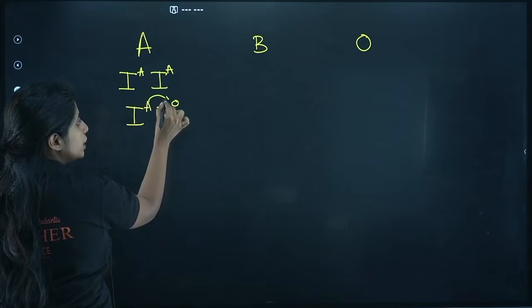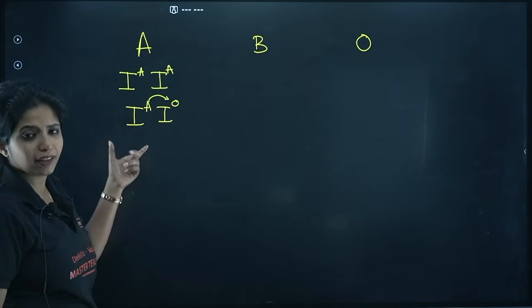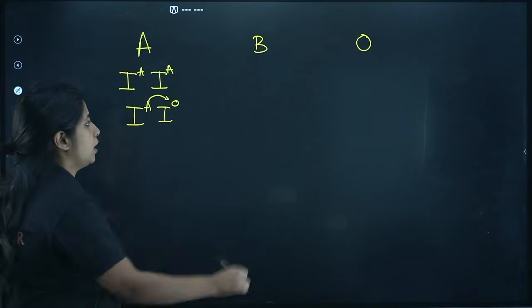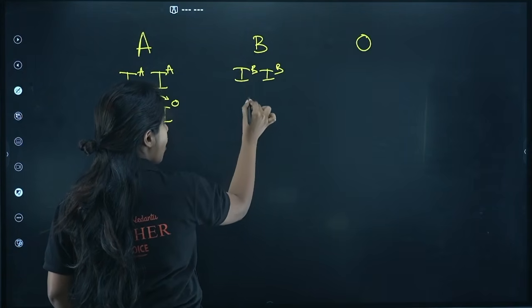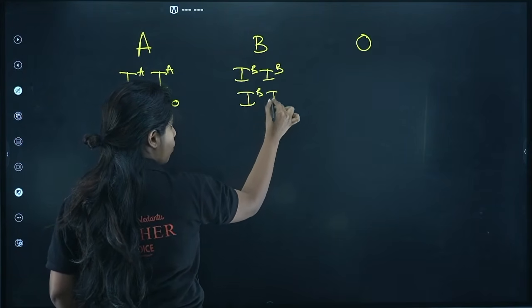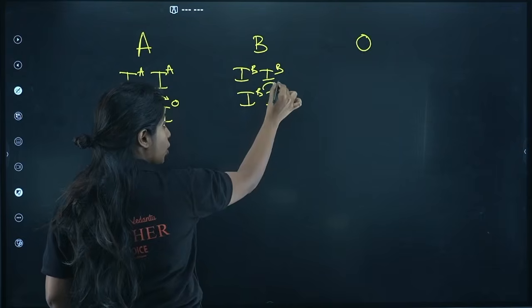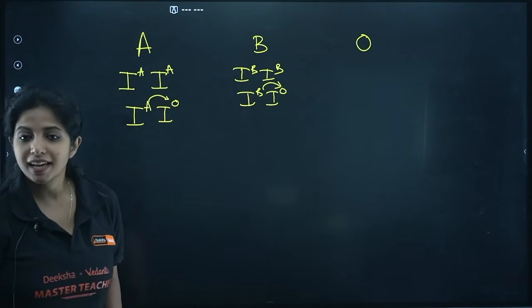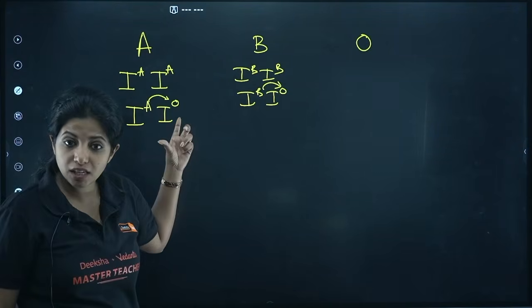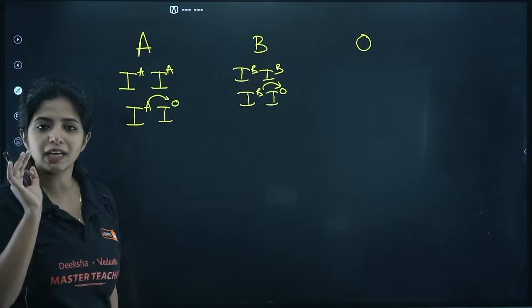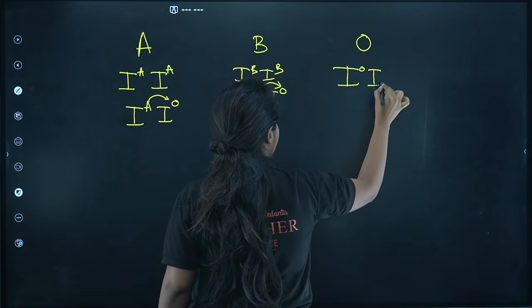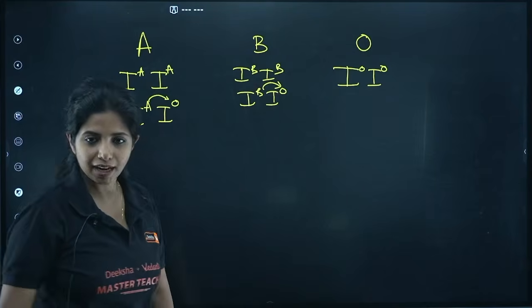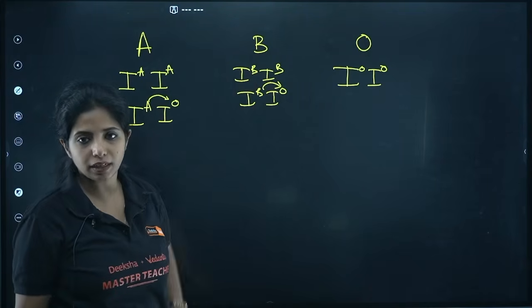That A is dominant over O, which is why they show A blood group. Now what about B? Similarly, it can be IB, IB, or IB, IO. Does that mean B is also dominant over O? Yes. O is a recessive allele, and it will only express itself when both alleles are IO, because anything else that comes will dominate it.